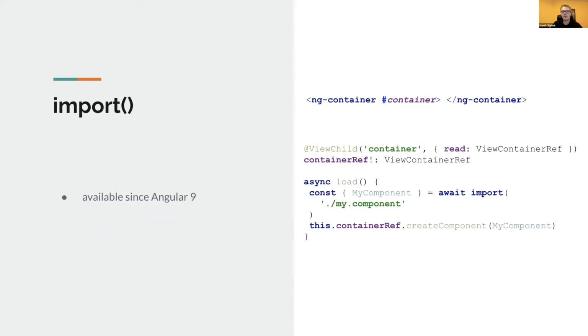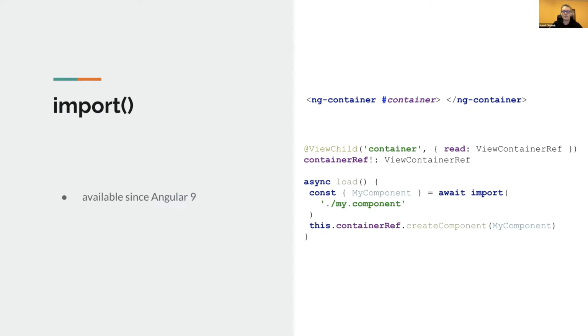Luckily, starting from Angular 9, thanks to the Ivy renderer, you can now load single components lazily, for example, when a user clicks a button. To do that, you first have to define a container in your component template. Then you have to grab a reference to that container using viewChild. Then you define a method that will load and append a new component to the view.